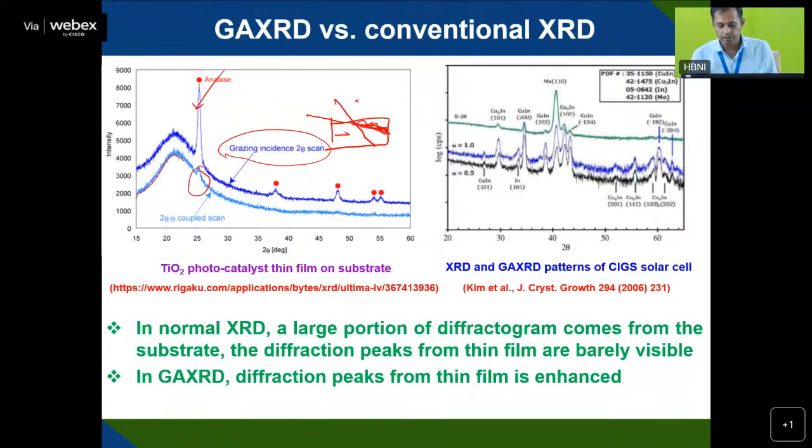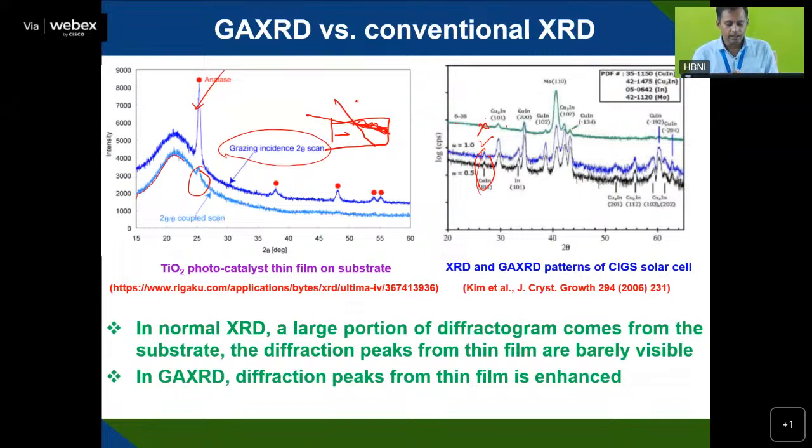On the right side, you can see a solar cell image. There, the copper and indium peaks are absent in the theta 2 theta scan, but when you go for omega, the thin film at 1 and 0.5, you can see these additional peaks. Similarly, other peaks can also be seen.